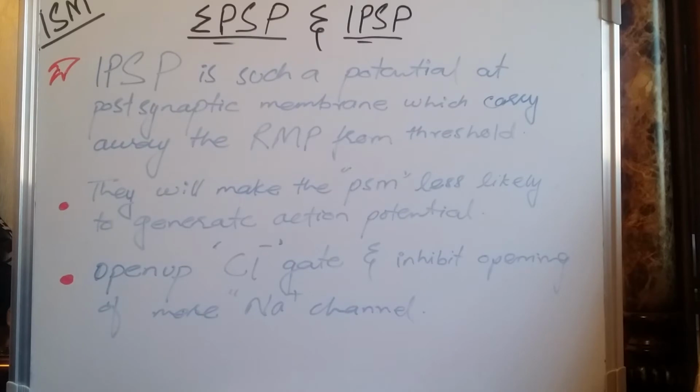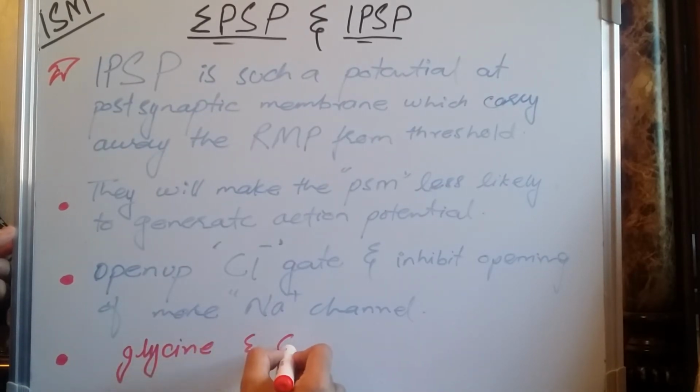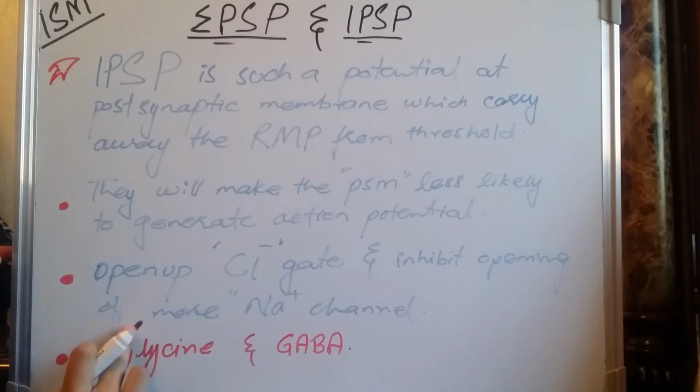Examples of inhibitory neurotransmitters are glycine and GABA, the two main important ones. These neurotransmitters make the postsynaptic membrane less likely to generate an action potential.